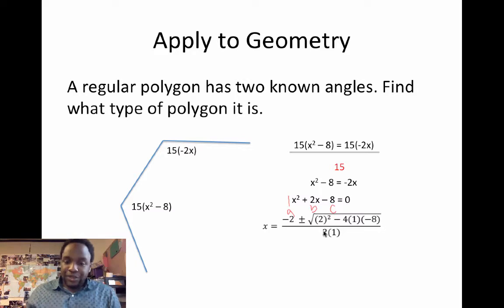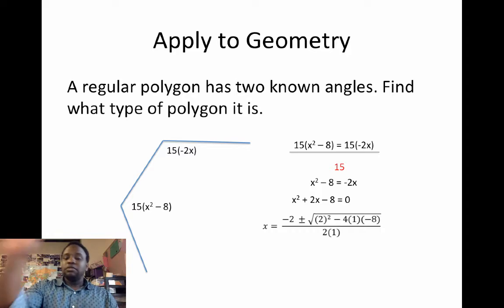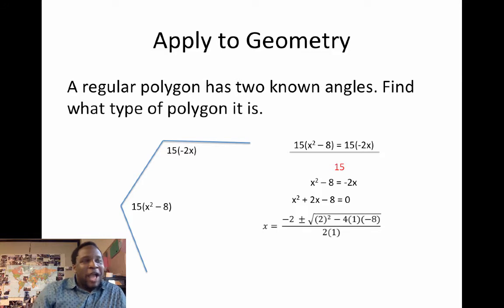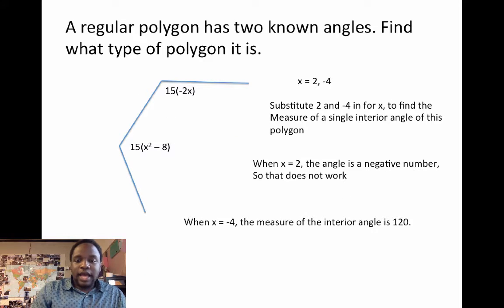So negative 2, because it's negative b, plus or minus the square root of b squared, which is 2 squared, minus 4a, which is 1, c is negative 8, all over 2a, and a is 1. We can then simplify. So go ahead and simplify if you didn't happen to see the next page. And it turns out that x equals 2 and x equals negative 4.